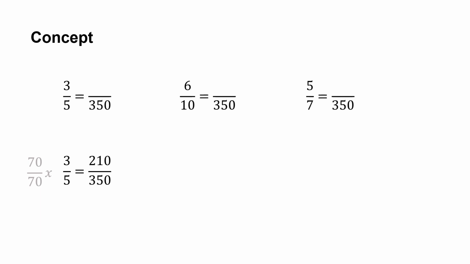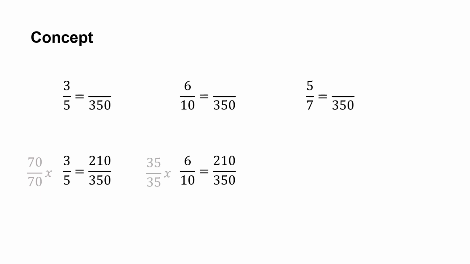Another way of putting it is, how do we get from 5 to 350? We multiply it by 70. So we then need to multiply top and bottom by 70. And you can see that this doesn't actually change the fraction, because 70 over 70 is just 1. It's the same fraction, but we're just moving it up in magnitude. So this gives us 210 over 350.